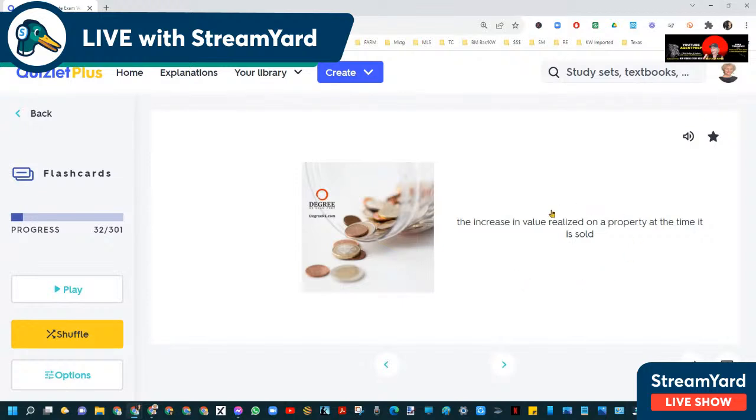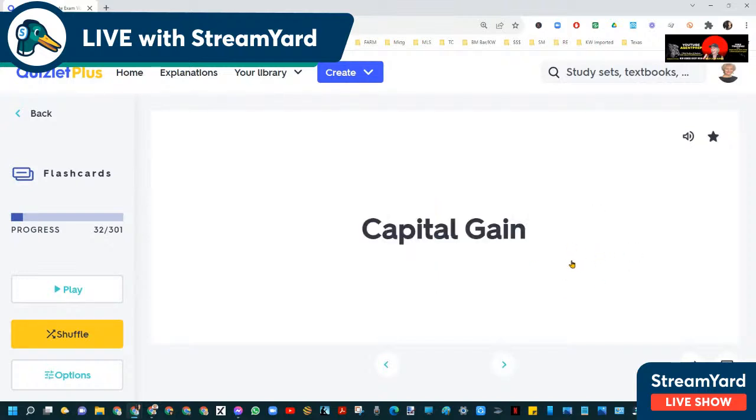When you're dealing with, let's say, your taxes, or you want to know the value of your property, then that is appreciated. But what is realized when the property is sold? That is a capital gain. Now, someone answered equity. Equity is the difference between the current market value and the loan balance.